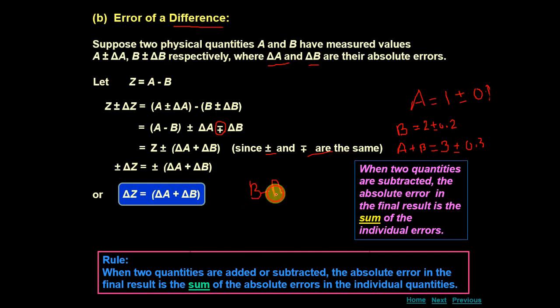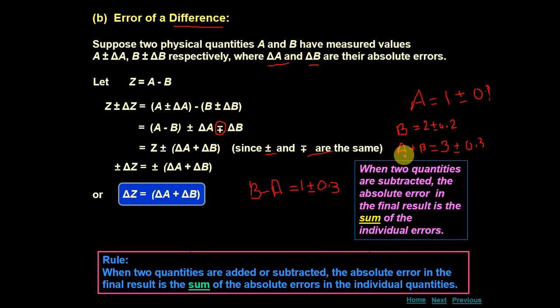In case of B minus A, you will subtract the actual values, 2 minus 1, that is 1. But when you are writing the errors, in case of difference also, they would get added. So here the result would be 1 plus minus 0.3.